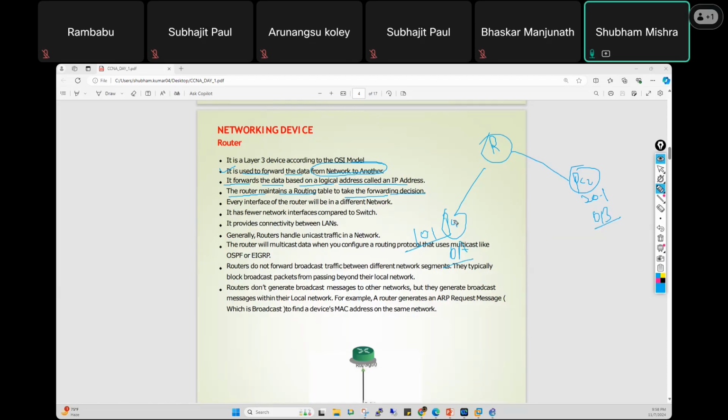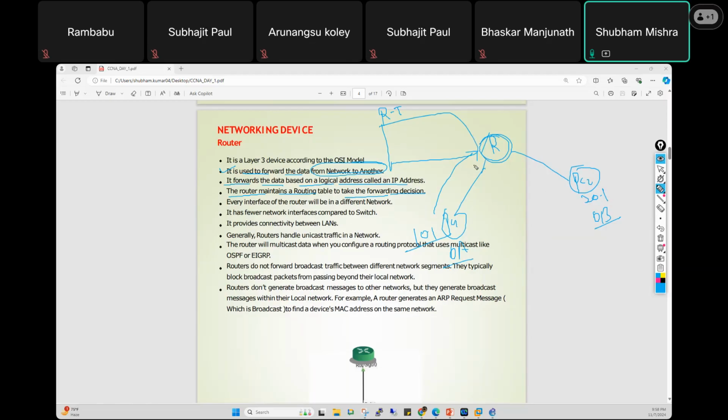When PC number 1 wants to communicate with PC number 2, the packet will reach R1. So what does the router do? The router maintains one table called the routing table, and in the routing table the router stores information.